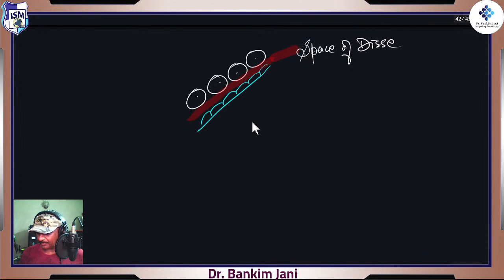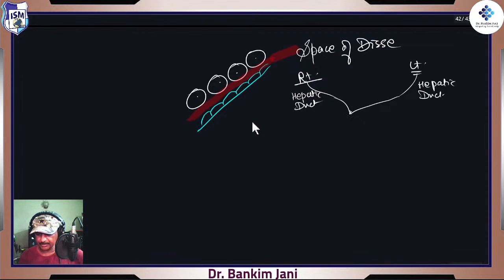By the way, the gallbladder. Let's draw this. The right and the left, here and here, will be the hepatic ducts: the right hepatic duct and the left hepatic bile duct. These ducts meet, because they are carrying the bile, and make what's called the common hepatic duct.